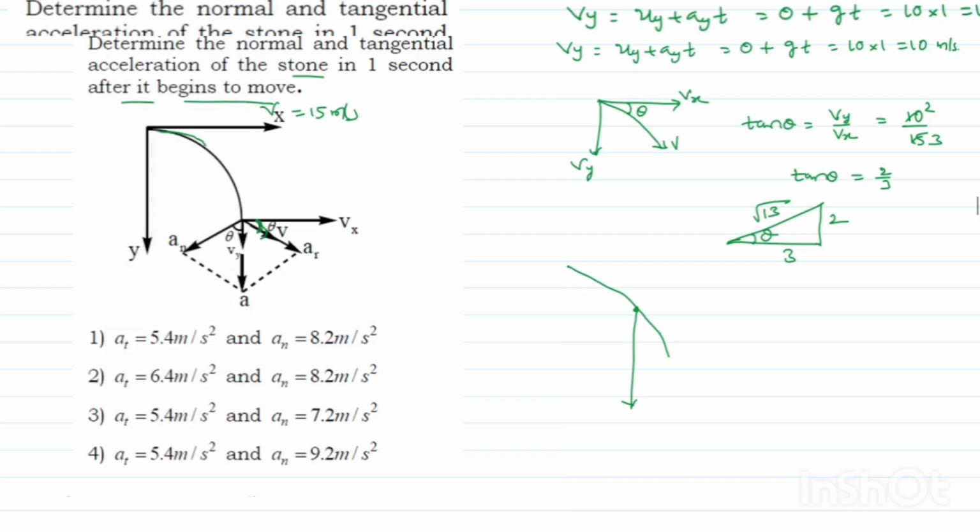Let us take this as x and this as y. And let us talk about the acceleration resolution, along its tangent, the tangential acceleration. And this is the g you are taking.